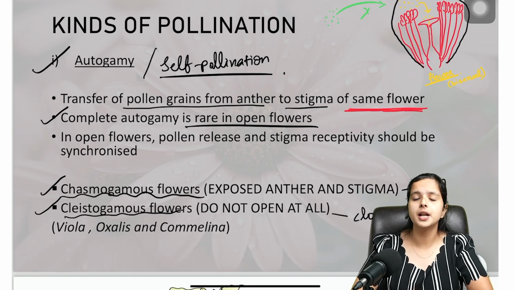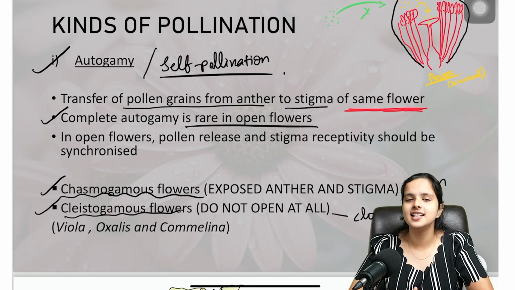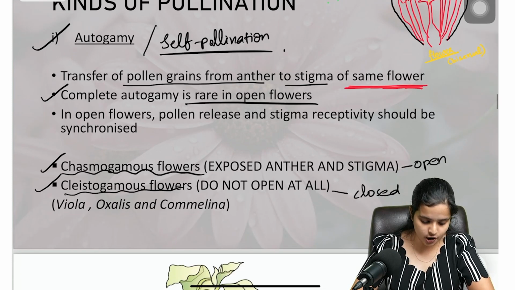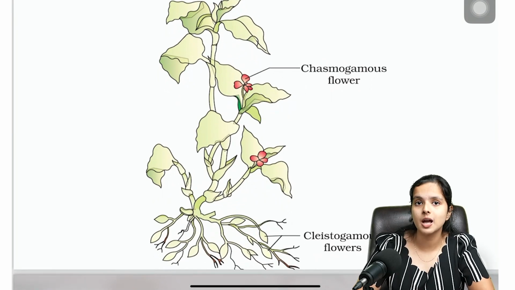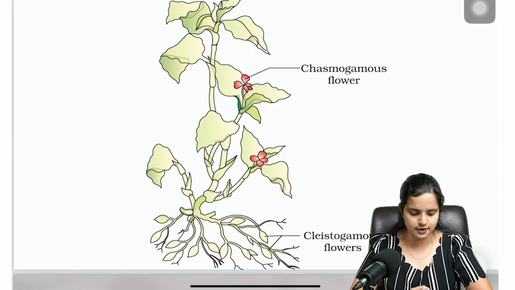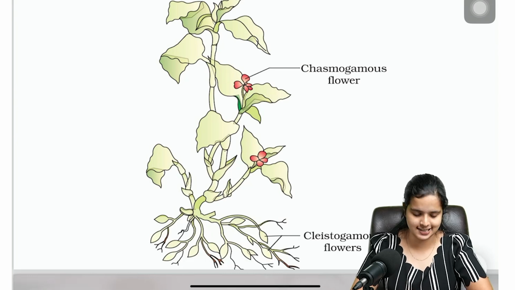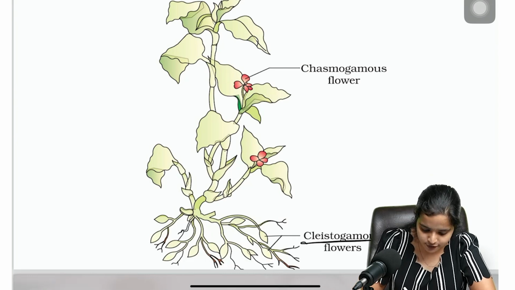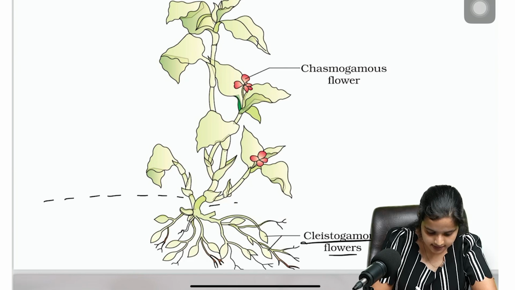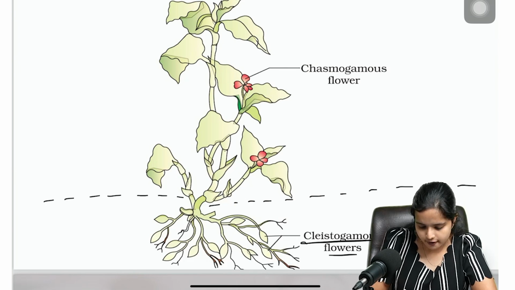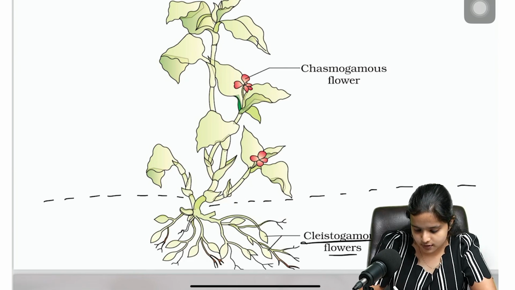In some plants like Viola, Oxalis and Commelina, you can find both cleistogamous and chasmogamous flowers. If you look at this figure from your NCERT textbook, you can see cleistogamous flowers over here. Imagine this is the ground level. You have the cleistogamous, or closed, flowers.